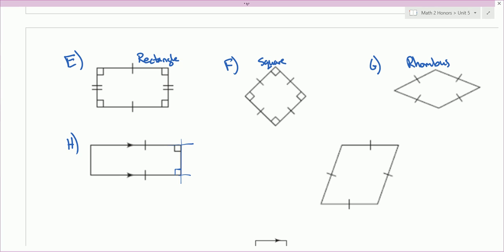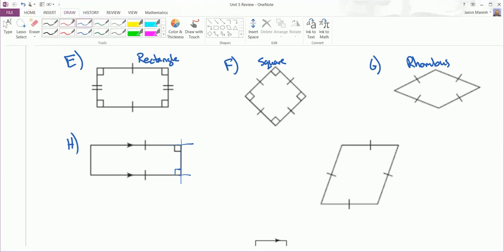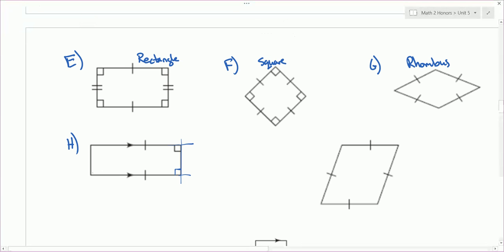Now let me draw a diagonal. And again, because we have parallel lines or segments, these 2 angles are congruent because they're alternate interior angles.